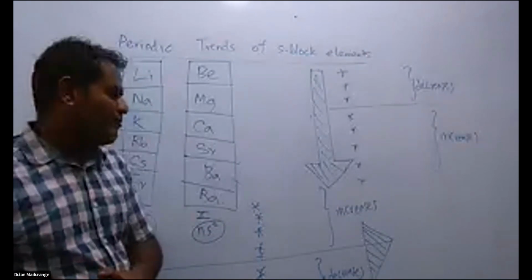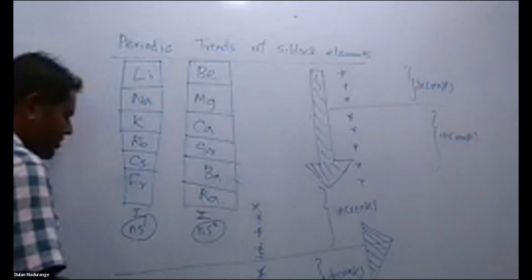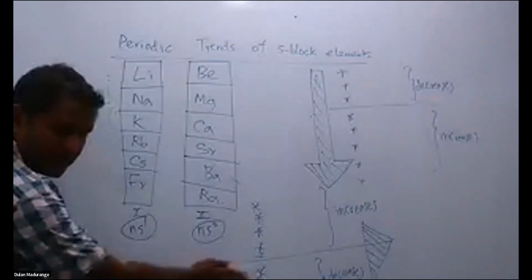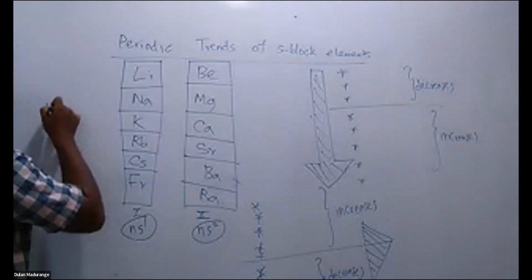So let's get some properties. Number 1, atomic radius.